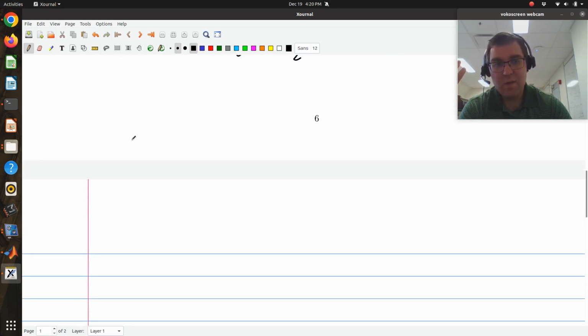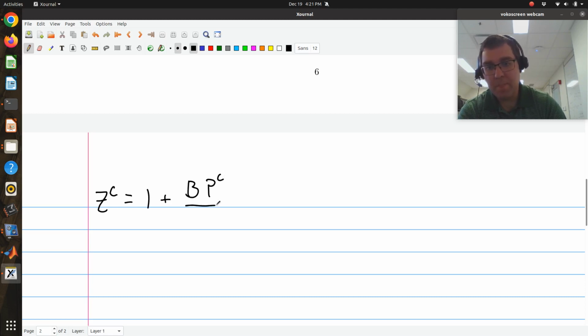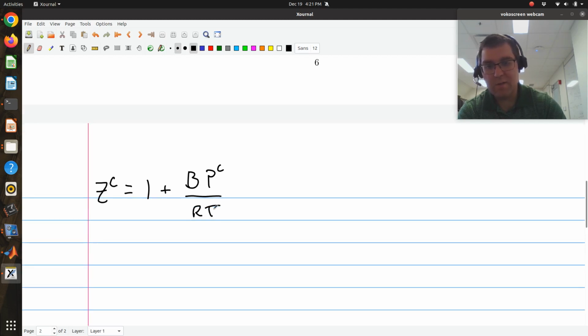Okay. So the key is the truncated virial equation tells me Z, and I'll call this ZC. Z from part C is equal to 1 plus B PC, I put a superscript C on there, over RT. RT and B are constant, the same.